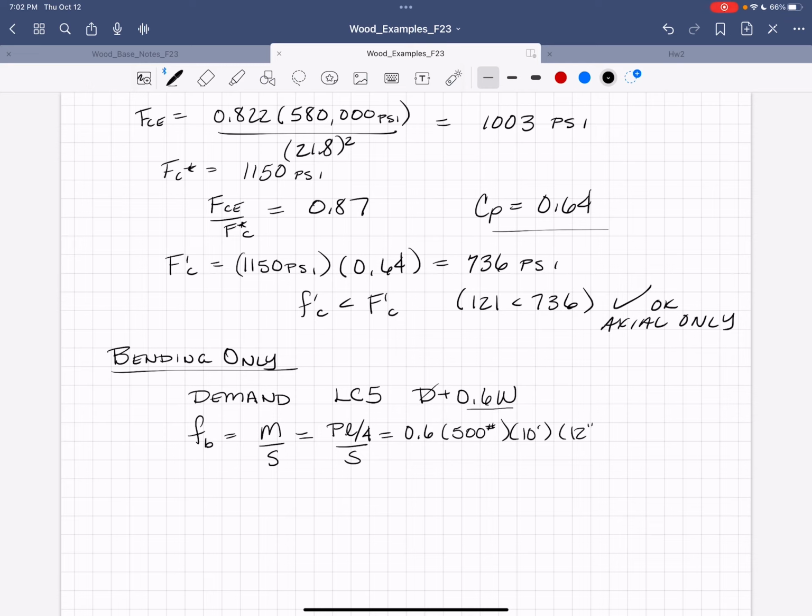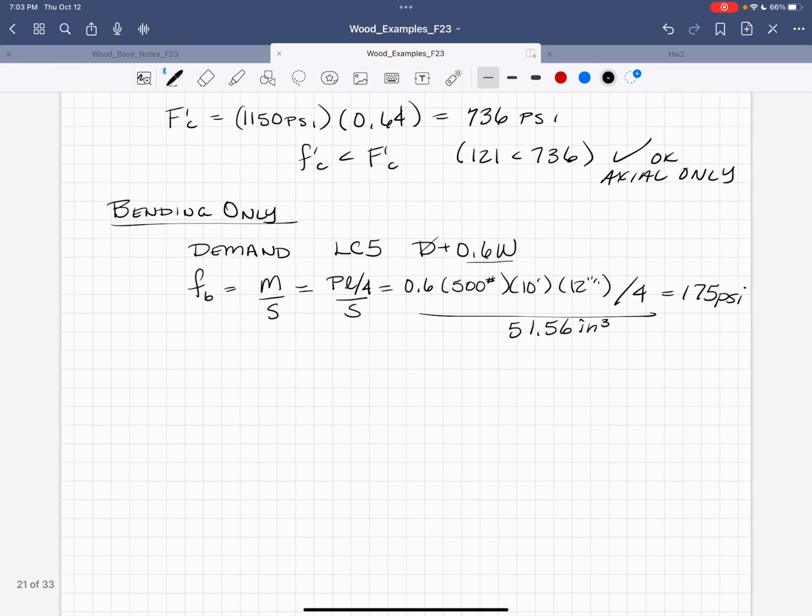We need the 12 inches per foot conversion, and that top side is divided by 4. And then if I look up the S value, it's 51.56 inches cubed. And I get 175 psi demand on the bending stress. All right, so let's look at the capacity side.